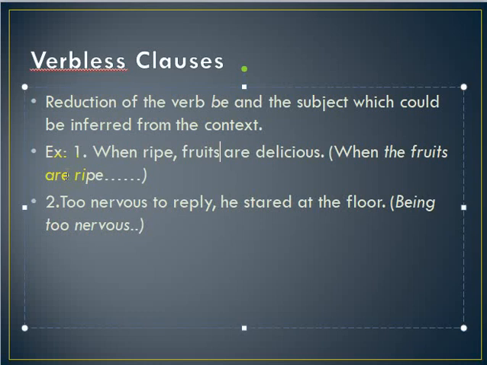We can say when he was too nervous to reply, since the tense is in the past. So, when he was too nervous to reply, he stared at the floor.